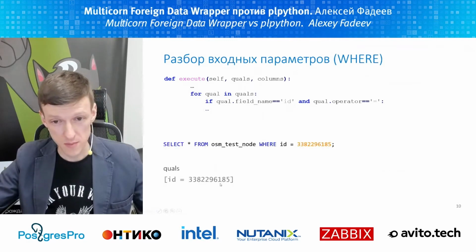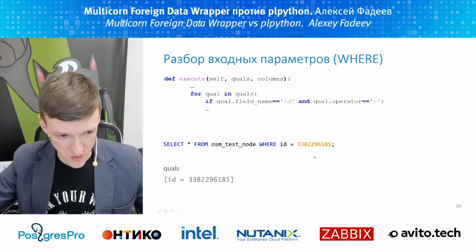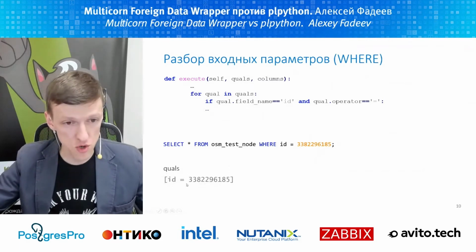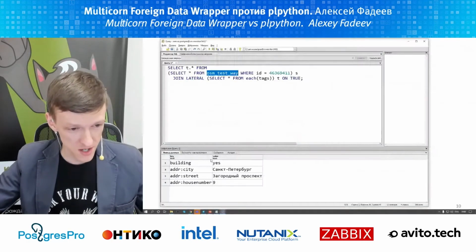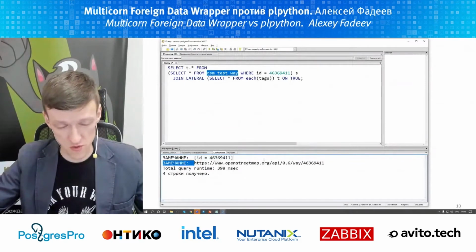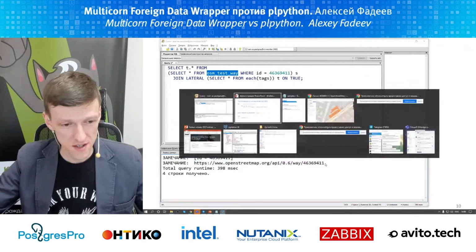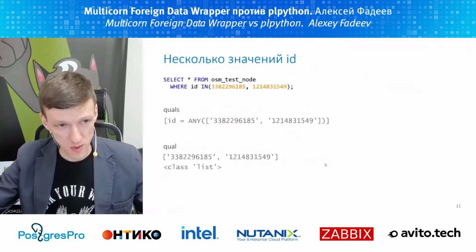ID is the name of the field. Operator equals, and here is the value of our identifier. In my function, I have this log report here. If we check the report, we can see the ID and the endpoint API which my wrapper calls upon.